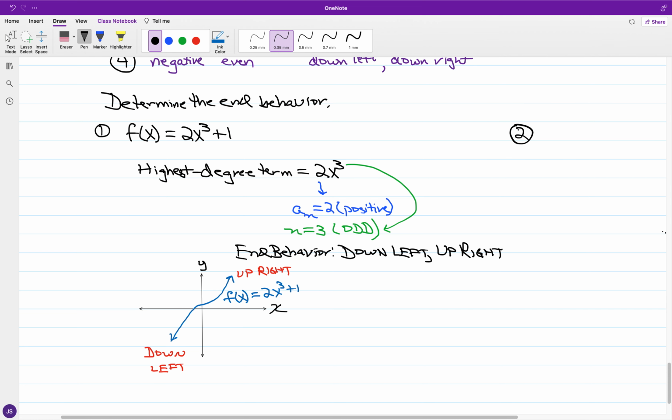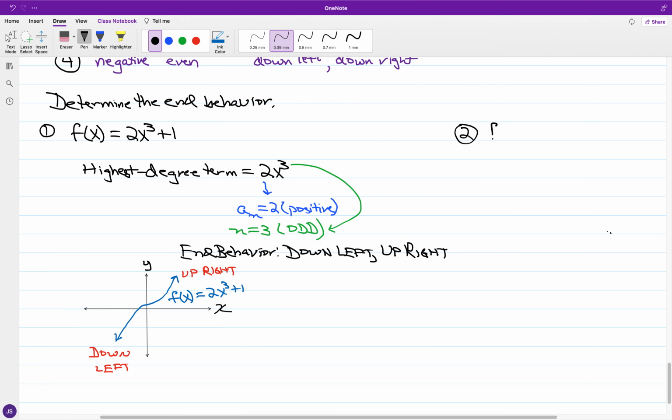Now let's say that we have a function of a somewhat different nature, and I'm not going to draw this to scale by any stretch. Let's say we have negative 5x to the fourth plus 2x plus 1.